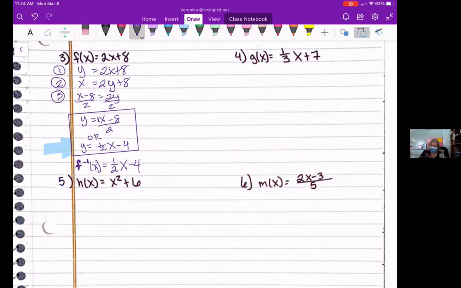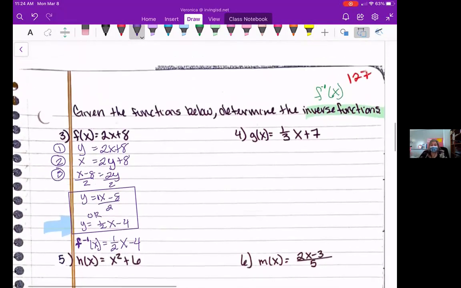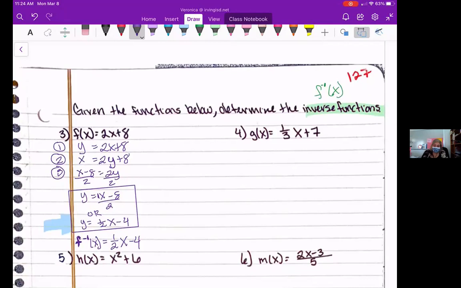Now, how could you check your work? We're not going to do this, right? Because it would take forever, but you could always check your work by doing the composition of these, which means I could take f of the inverse of x, and you would have to check if you take the inverse and plug in the function, both of these would have to give you x.